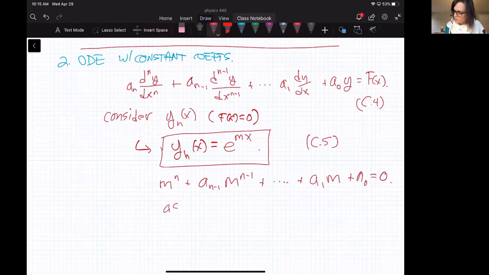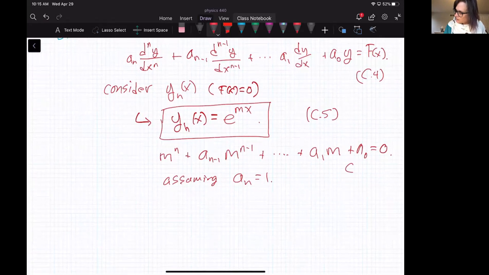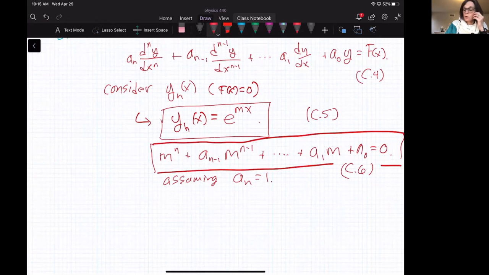We're also assuming that a sub n is equal to 1, which we can easily do. We can just take the first constant and divide it out so that we just have the highest order derivative of y isolated. All right, so these are the two conditions. Well, in fact, C.5 is the solution. C.6 is the condition on those m's. What you should realize is those little m's are the roots to this equation.